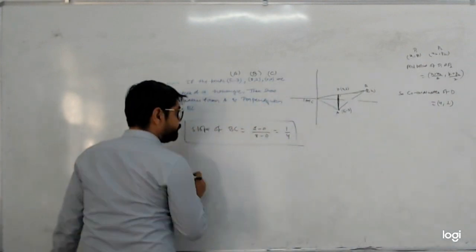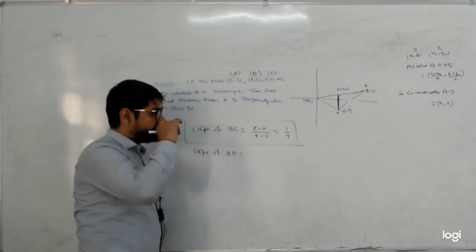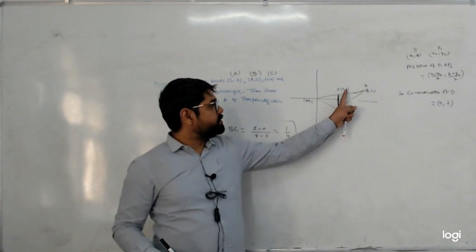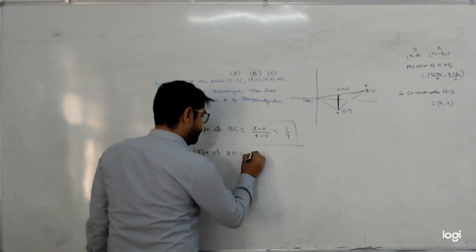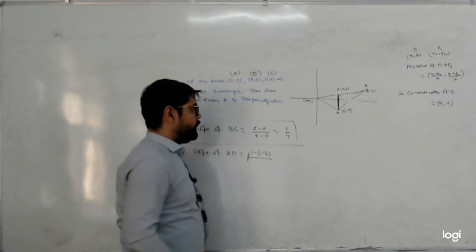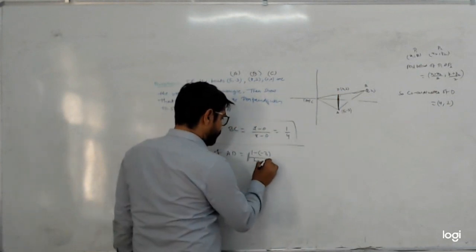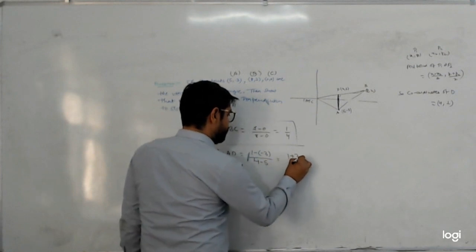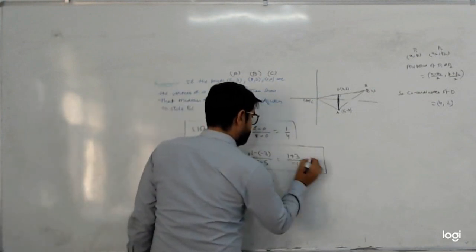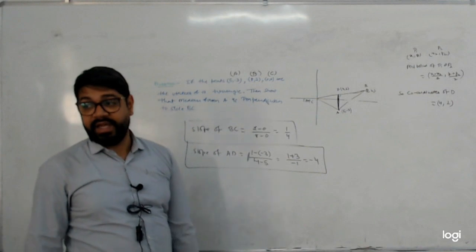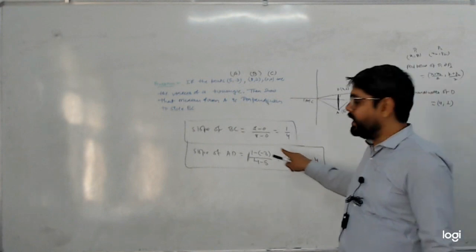So the slope of AD is equal to, look carefully, y2 minus y1, 1 minus -3, upon x2 minus x1, 4 minus 5. That is nothing but 1 plus 3 upon -1, which is equal to -4. So the slope of the line AD is -4, while the slope of the line BC is 1 by 4.